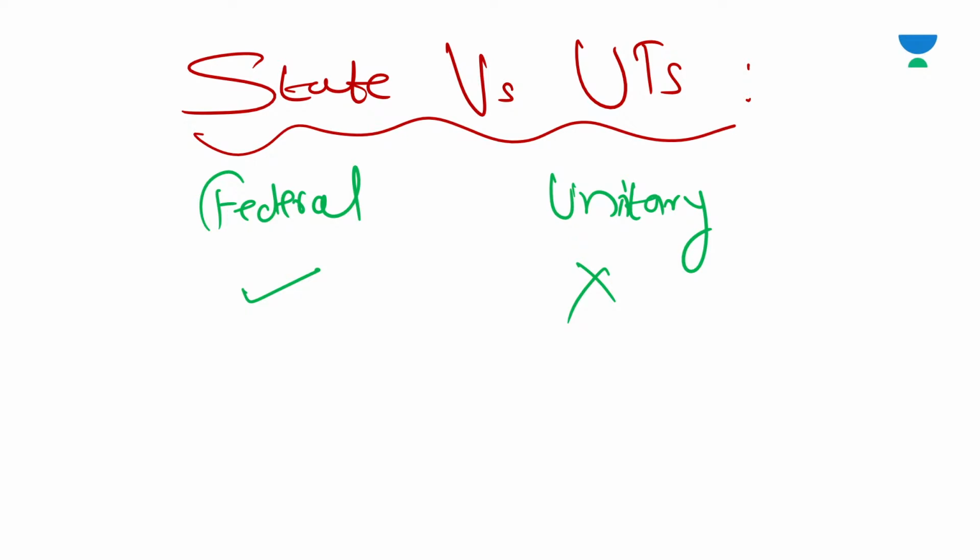Now, the next difference is that in the state, the Governor is the constitutional head of the state, while the President of India is the executive head of the union territory.